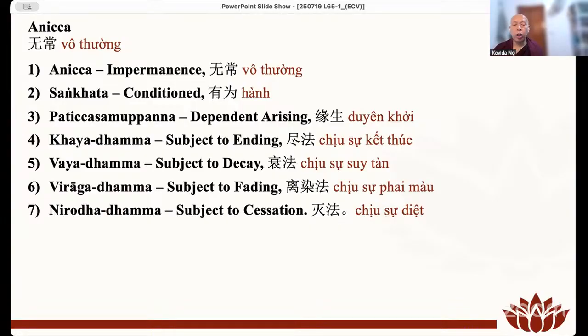Although we have different names, khaya, vaya, viraga, nirodha are actually synonyms. Viraga dhamma reminds us of one part of the Dhammacakkappavattana Sutta, tassayeva tanhaya asesavirAganirodho. Viraga means passing away or fading away without any remainder. It is also called nirodha dhamma, subject to cessation. These are the definitions of anicca. When we understand all these things, this is really called anicca.